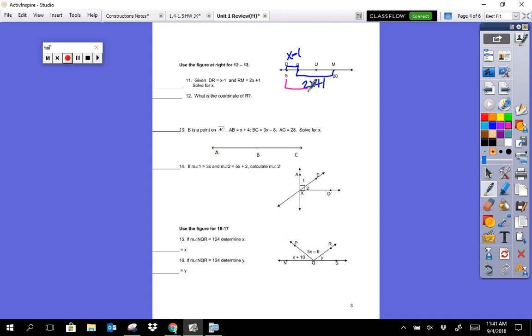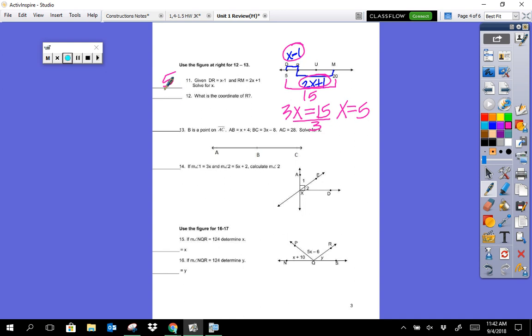So from 5 to 20, that's 15. And so what I'm going to do is I'm going to add these two pieces together, and I'm going to set them equal to 15. So x plus 2x is 3x. 1 plus negative 1 is 0, so I have 3x equals 15. Divide by 3. And so x is 5. And that's what it's asking for is x, so that would be 5.